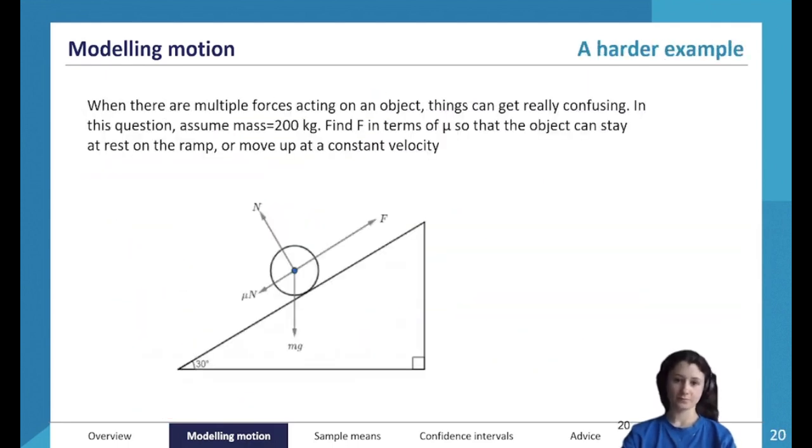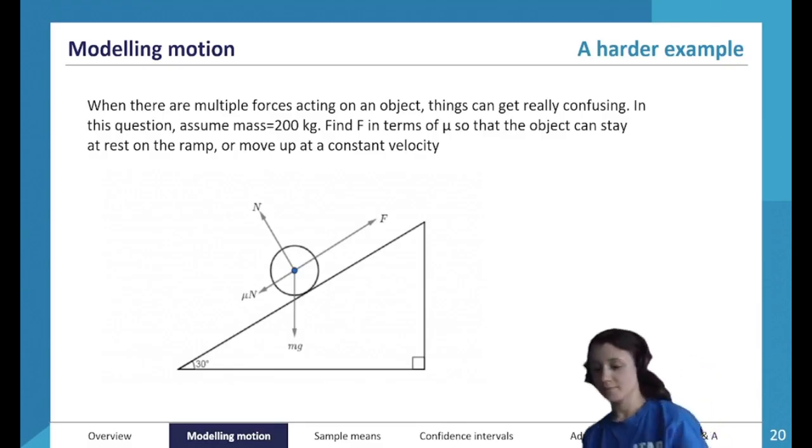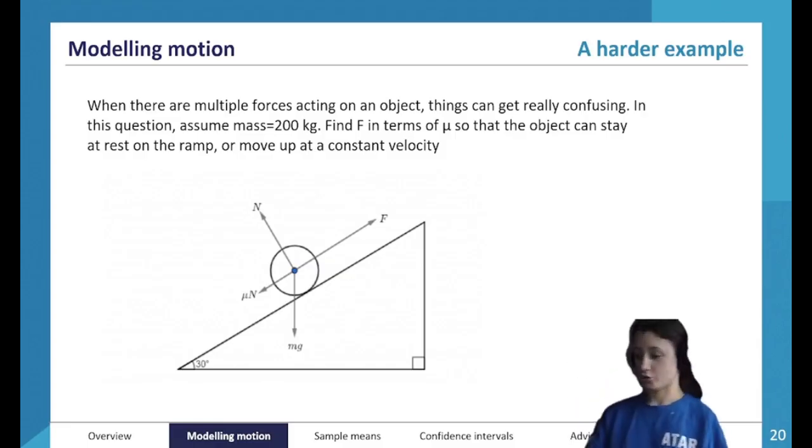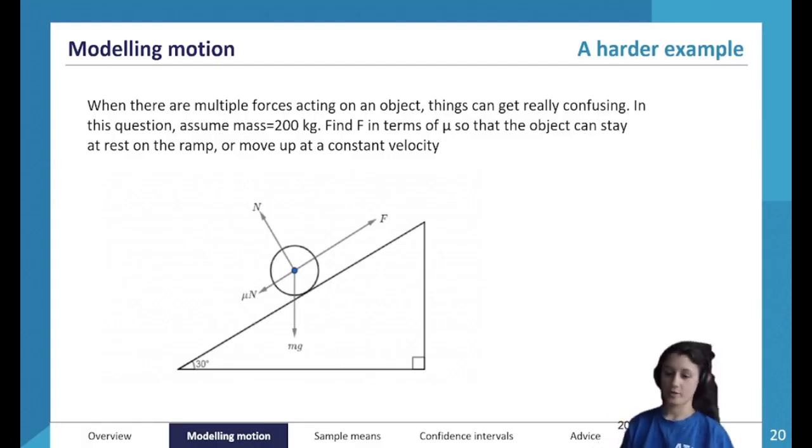Right? Okay. Now let's get on to an even harder example. So, the hard example here is looking at inclined planes. Alrighty? Now there is a little bit on inclined planes in the external, and if you have a look through the mocks and the previous externals, you will see a few of them.